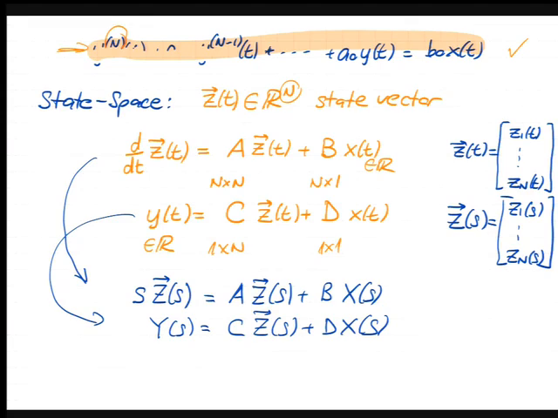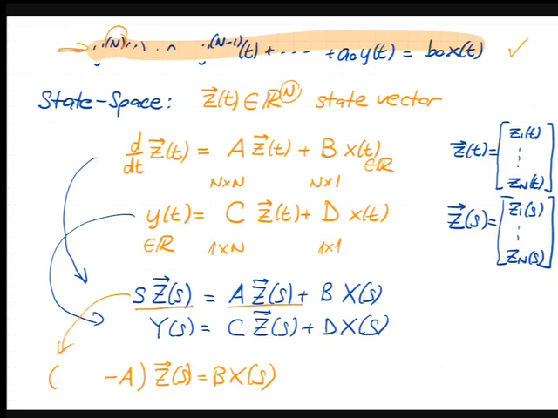I have to work a little harder on the first equation to be able to eliminate z. See, this has z in it, this has z in it. So let's put them all on the same side. So it's going to be some matrix multiplying z of s equals bx of s, right? What goes in that matrix? A goes with a negative sign.